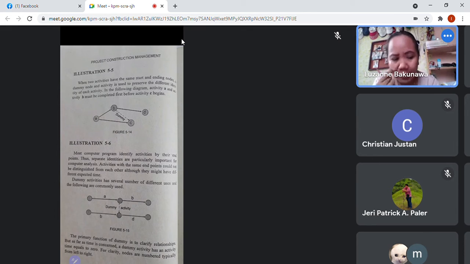Kasagaran. Okay? So, must be completed first before the activity C begins. So, wala na ni siya gi-butang because independent man ni kini, let's say, activity 1, activity 2, activity 3. So, gibutangan ni siya diri sa C because somehow naay activity ni B nga dependent ni C.